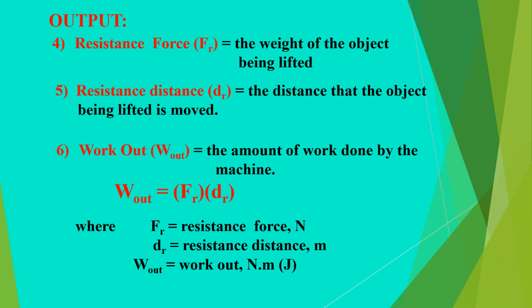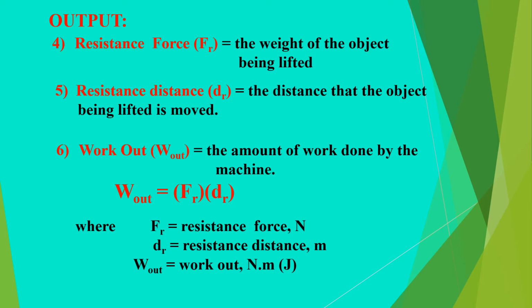On the output side, we have resistance force, F_R, equals the weight of the object being lifted. Resistance distance, D_R, equals the distance that the object being lifted is moved.